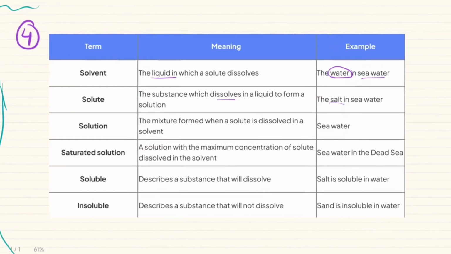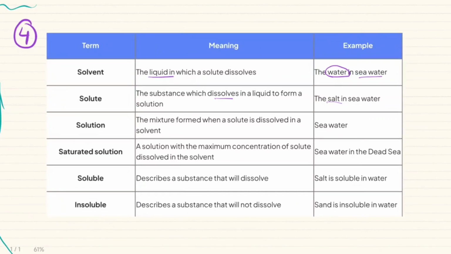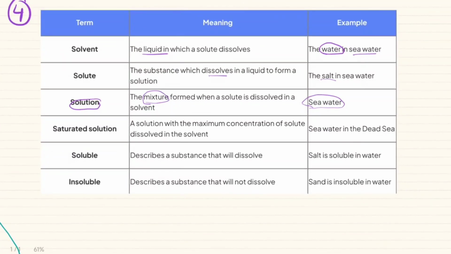The third term is solution. It is really common, and it is the mixture formed when a solute dissolves in a solvent. So it might be seawater, and seawater is a good example of a solution. And then saturated solution.